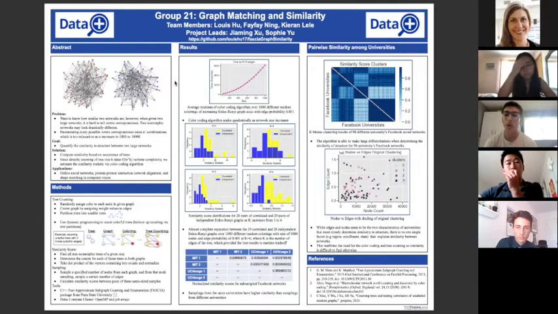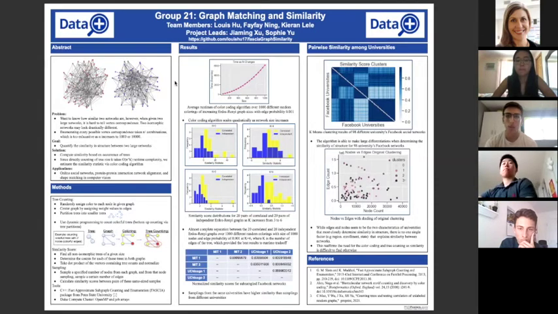So then one of the next things we did was we worked with some of the sampling that Feifei just mentioned. So we had 98 different Facebook networks that were data scraped from Facebook, and they represent friendship networks for different American universities. And the results that you see here are for two specific ones, MIT and UChicago.